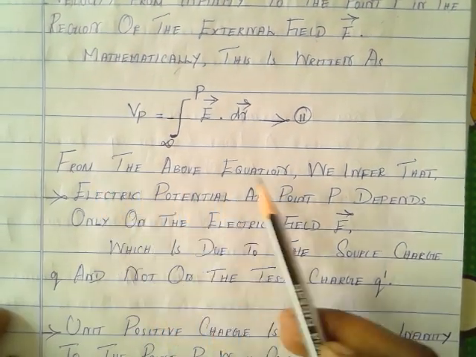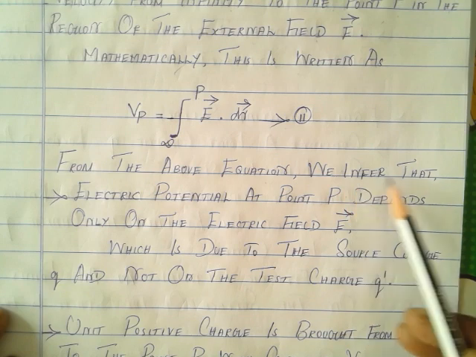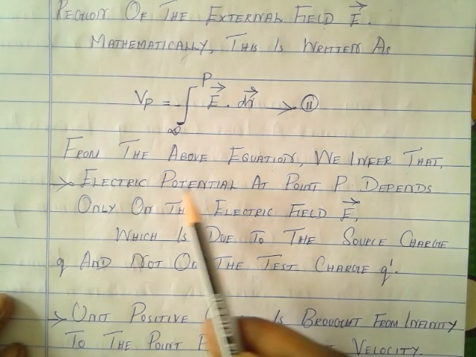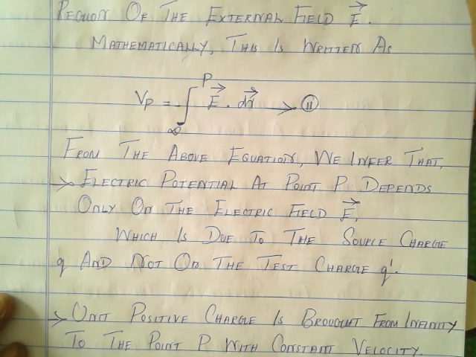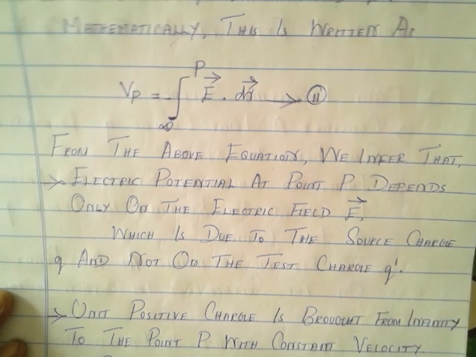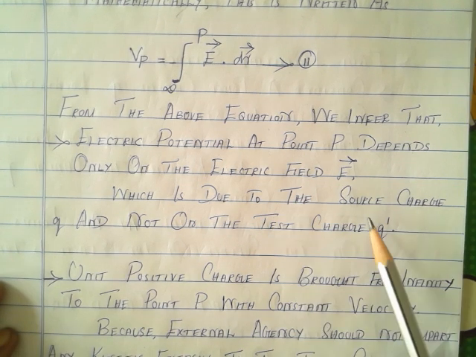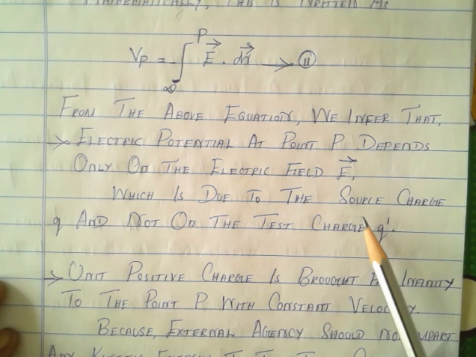From the above equation, we infer that electric potential at point P depends only on the electric field, which is due to the source charge Q and not on the test charge q dash. The charge which is kept at origin O is the source charge. The charge brought from infinity to that point P, that is q dash, is the test charge.